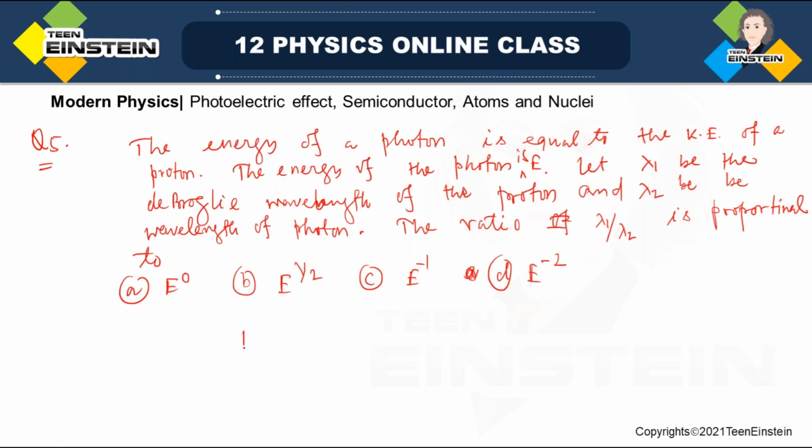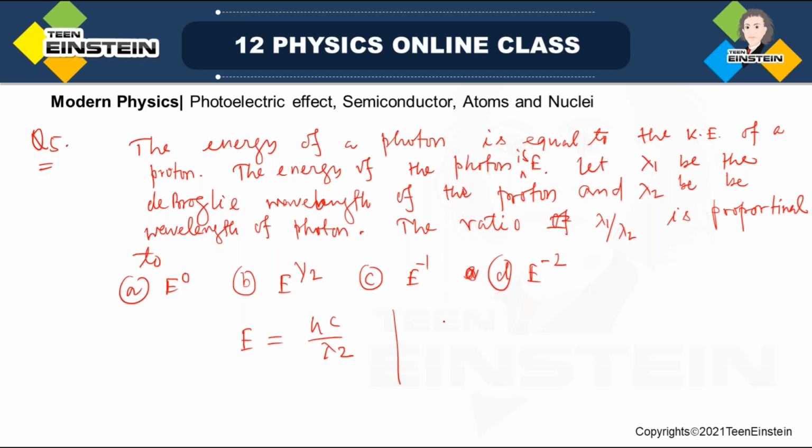If the energy of the photon is E, this can be written as hc by lambda 2.